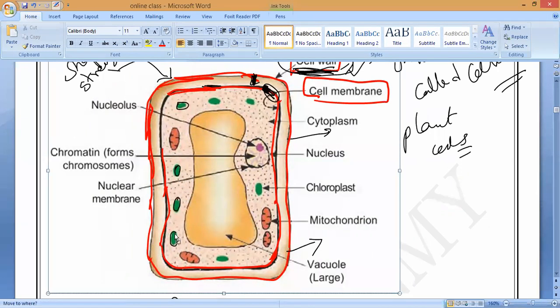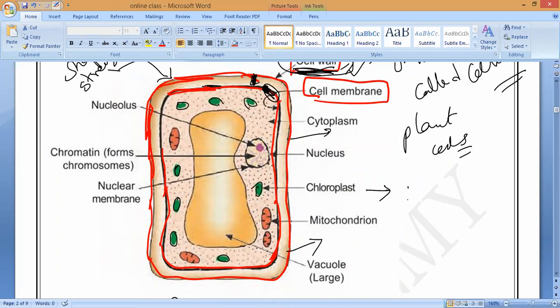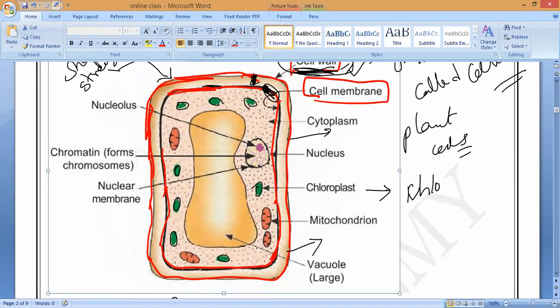This is called chloroplast, which is present only in plant cells. Inside this chloroplast there is chlorophyll, which is useful in the photosynthesis reaction. Any doubt, anybody?